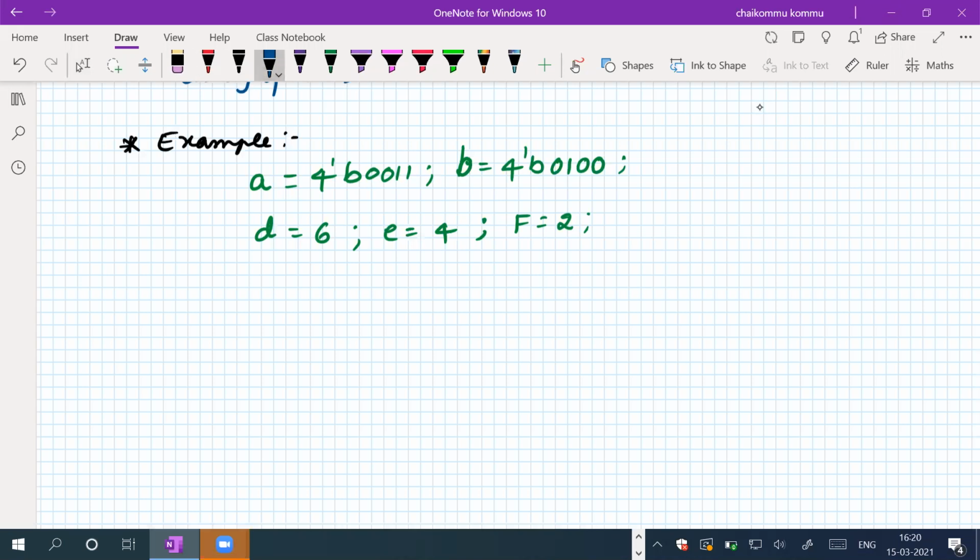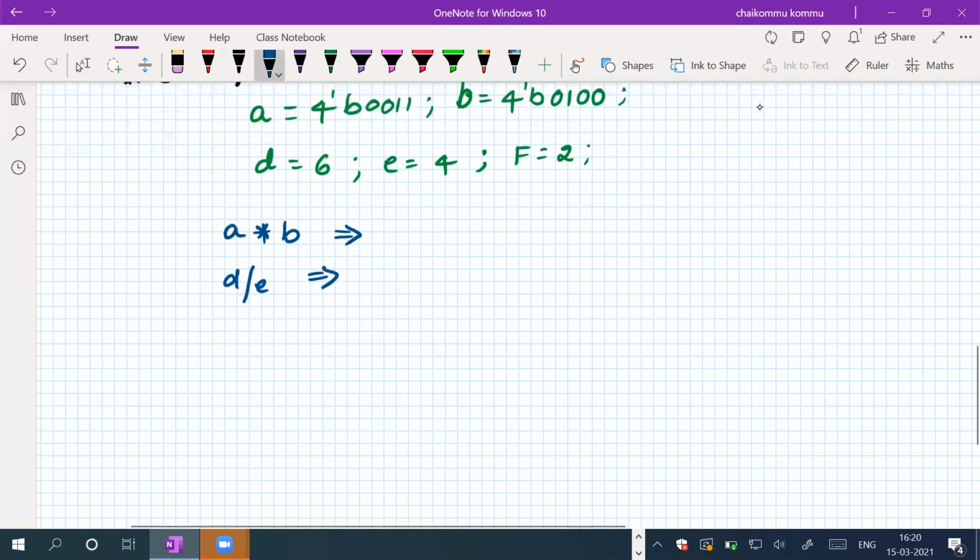I want to perform an operation: A plus B is required. Of course, everybody knows A plus B. A into B, what is the value that we will get? Next, D by E, what value will we get?